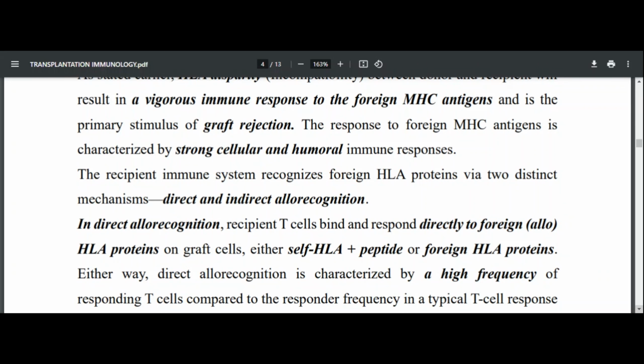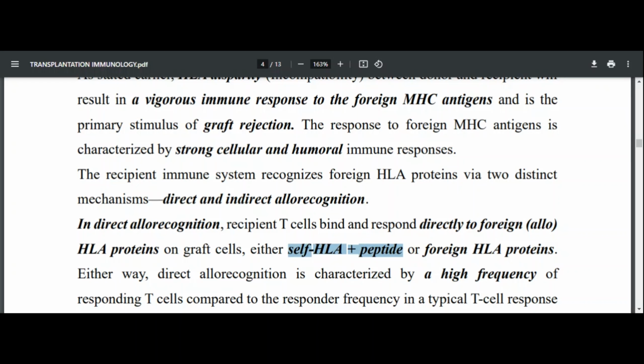So what do you call self HLA plus peptides, what's the meaning of this? Self HLA plus peptides means the human leukocyte antigen of the recipient of that graft, on the antigen presenting cells, plus a peptide which is processed from the foreign graft.